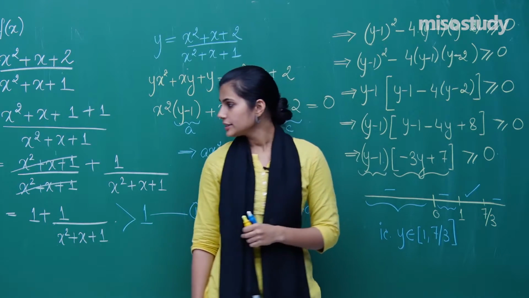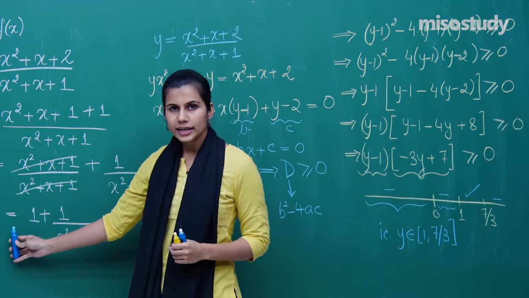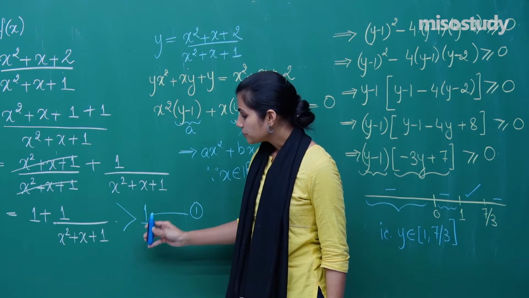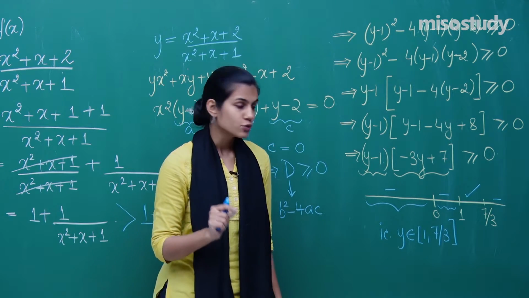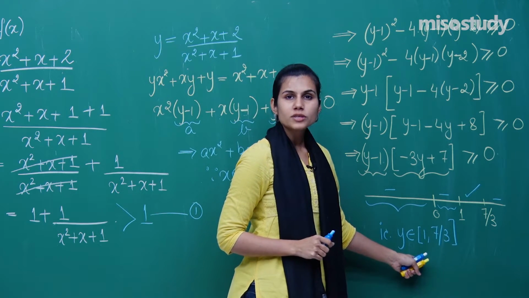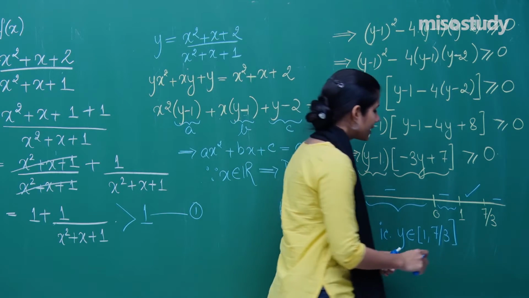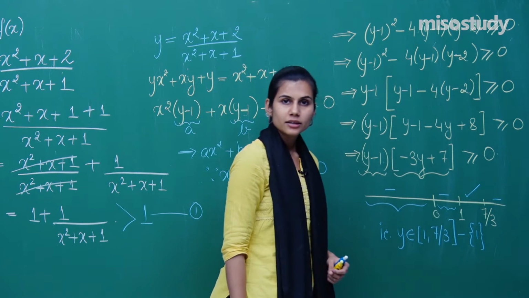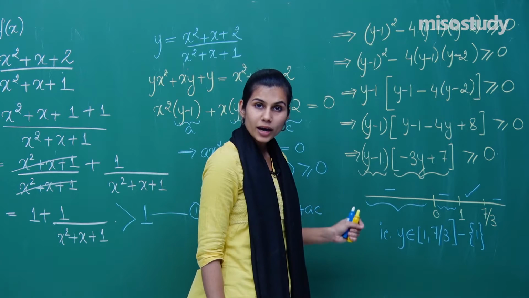But mind it, we had understood that our y is strictly greater than 1. That means it cannot be equal to 1. So here in this closed interval, I have included 1, but I will have to actually exclude this 1 because y cannot be 1.